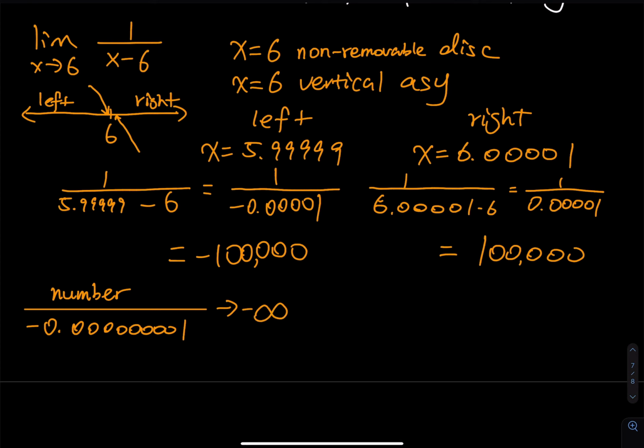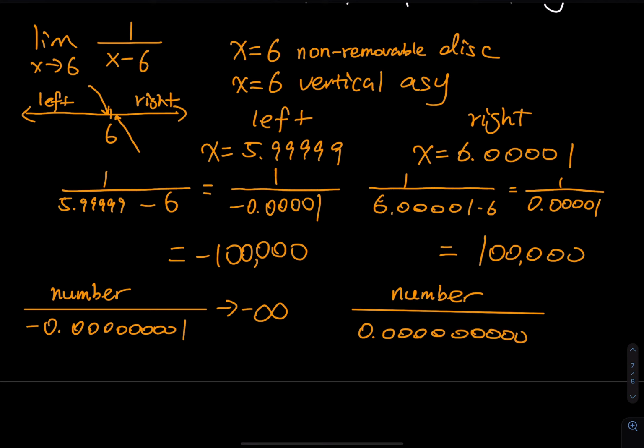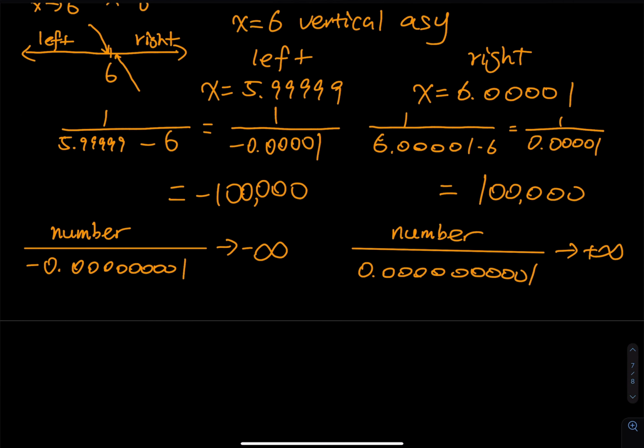On the other hand, if you have a number divided by something positive and extremely small, what is the result equal to? The result is positive infinity. Very simple. Let's say 2 divided by 0.01.